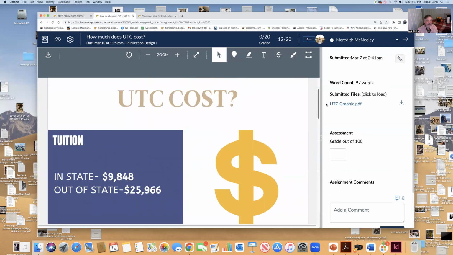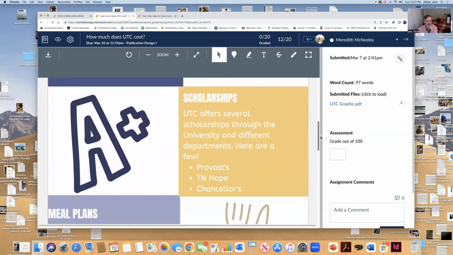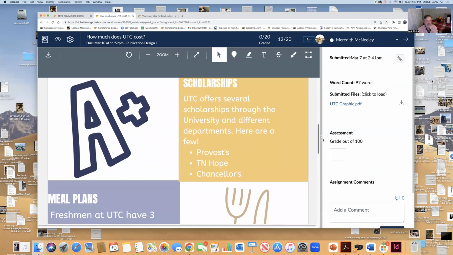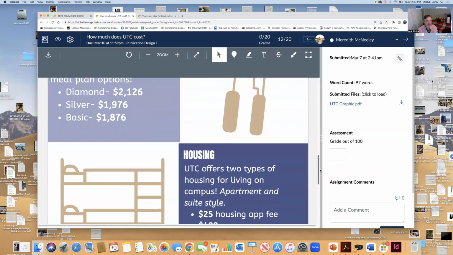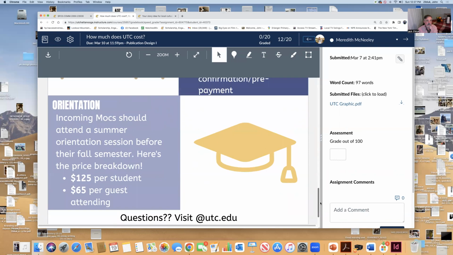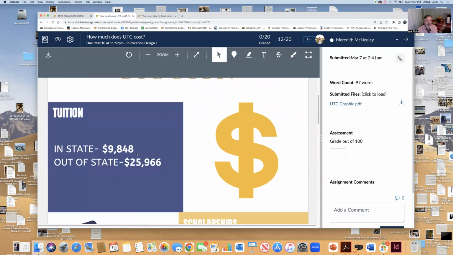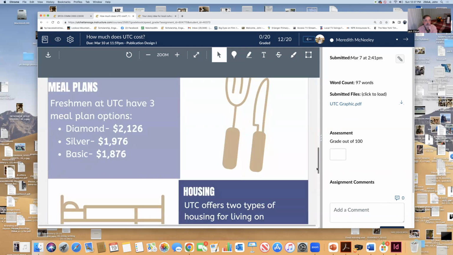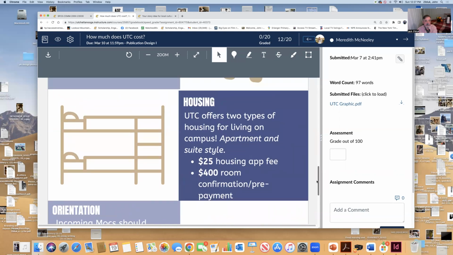In state, out of state, is this per year or per semester? Okay. Meal plans, that's fine. I think there's a lot of good information here. Do these totals, and I'm just looking at this, do these totals add up? See, where do these fit in to the totals?